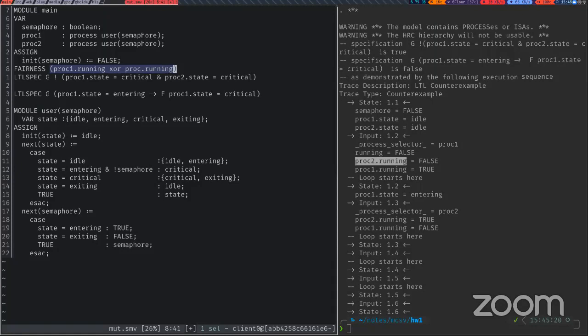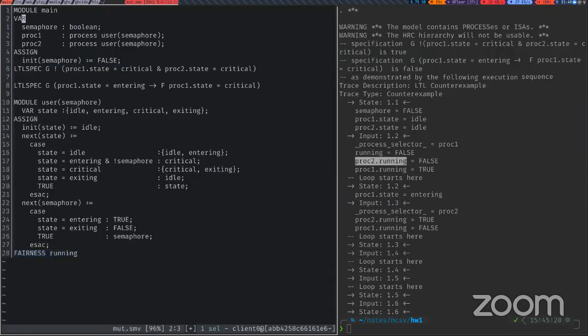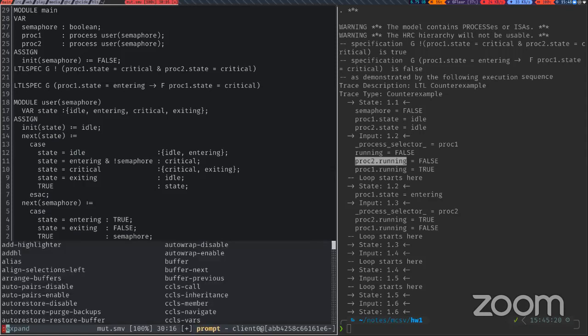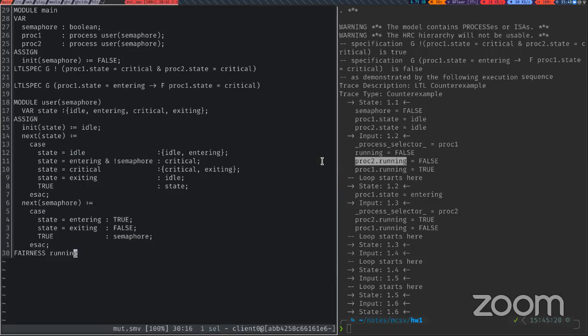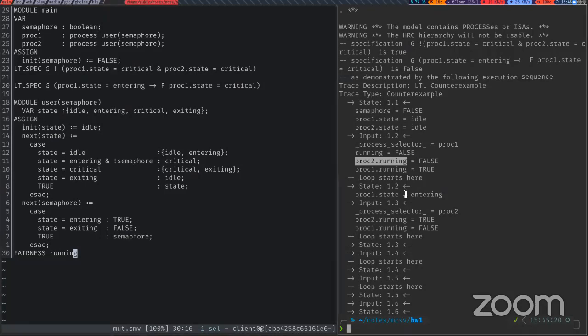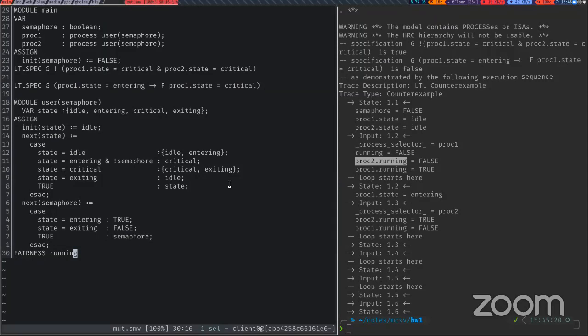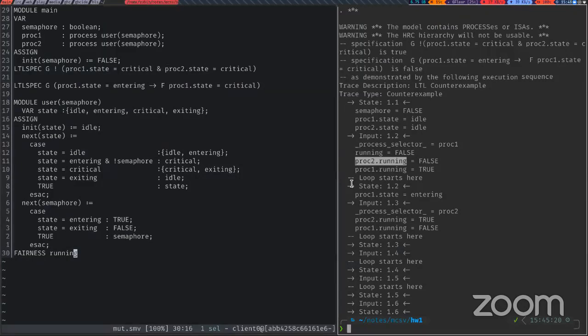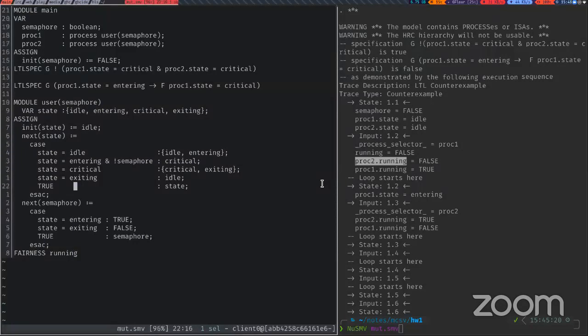In this case, running is the event associated with a particular process being selected to make the transition. So by saying fairness running, you're saying that each process should be selected to make its transition infinitely often.